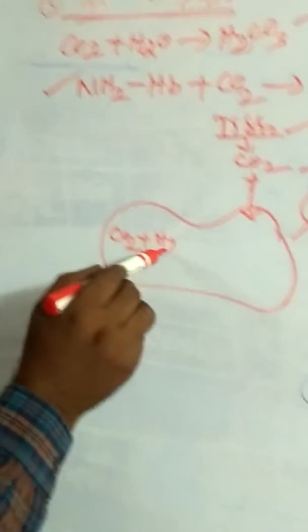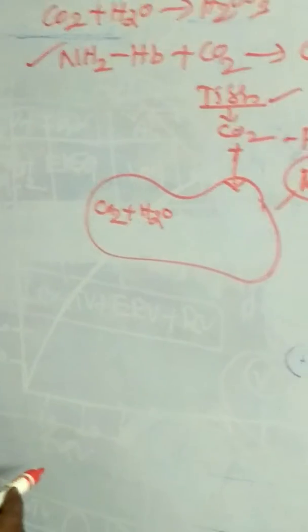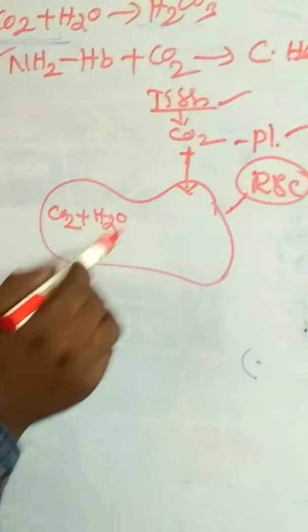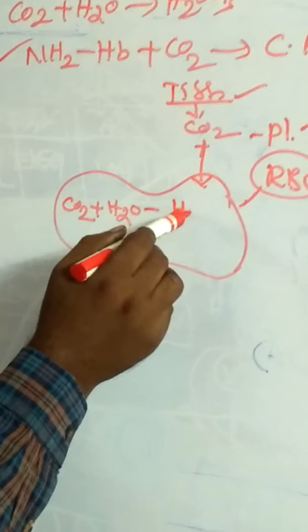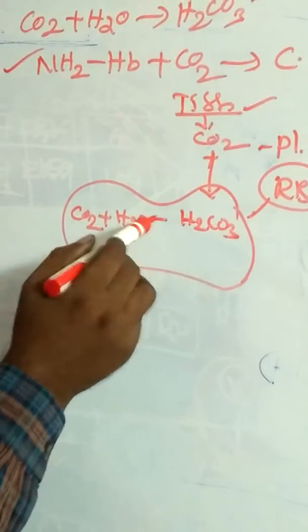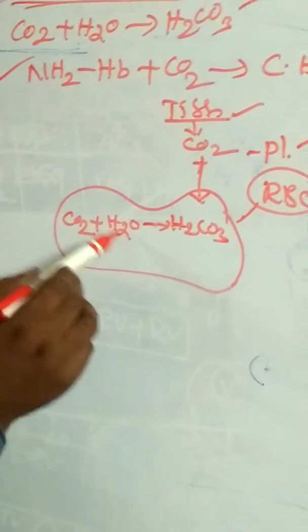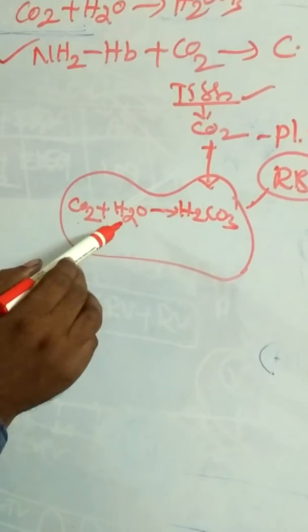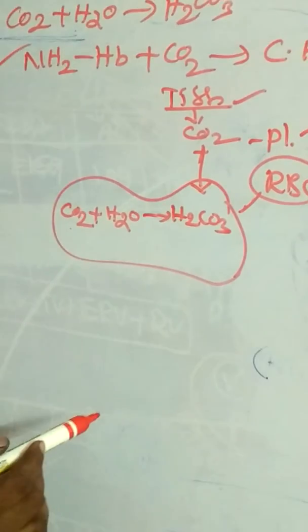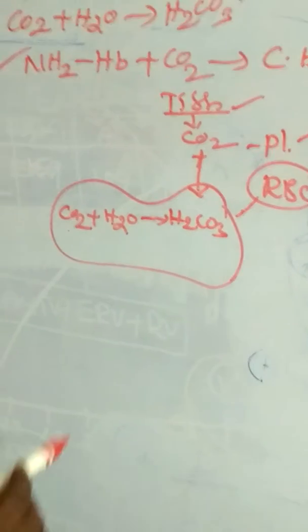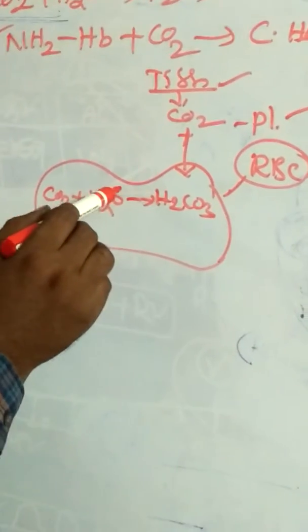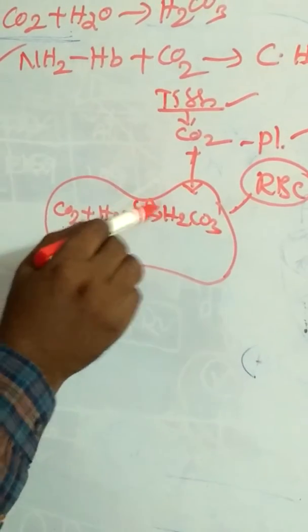Carbon dioxide combines with the water of the cytoplasm of the RBC to form H2CO3, carbonic acid, in the presence of carbonic anhydrase.